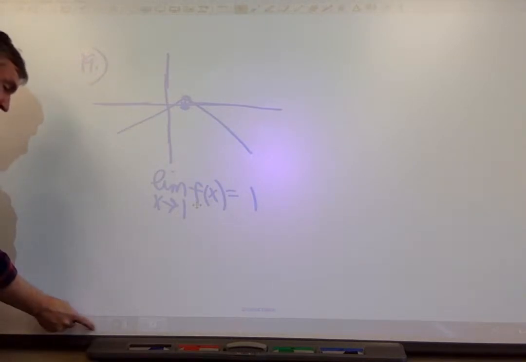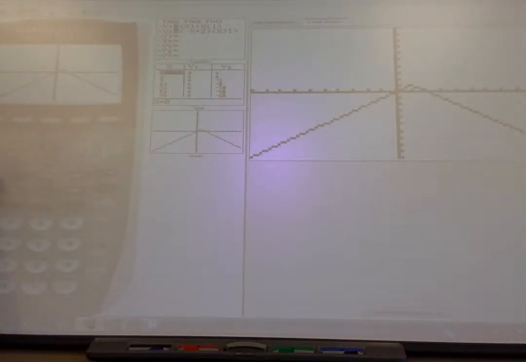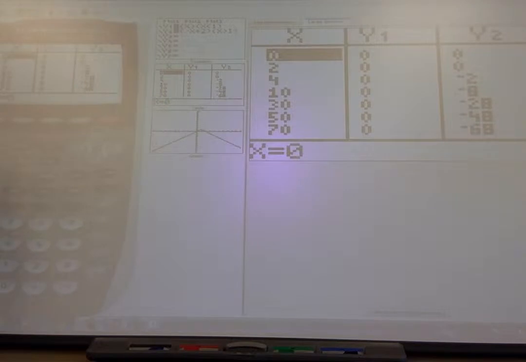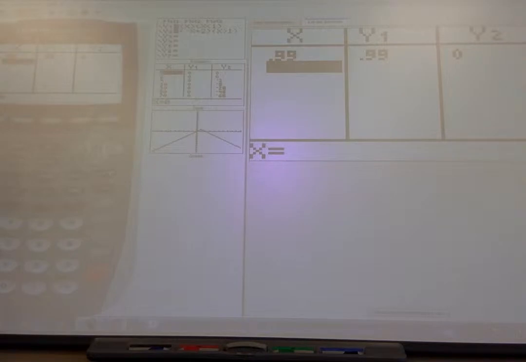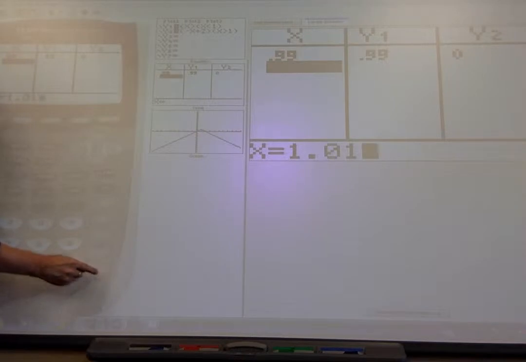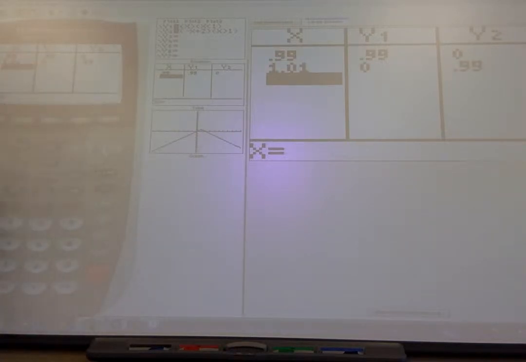What if I said this? If I use this function and I went to my table, let me delete some of this. Okay. What if I put in 0.99? It gets close to 1, doesn't it? If I put in 1.01 from the right-hand side, it's 0.99. So it's getting closer and closer to 1, isn't it?